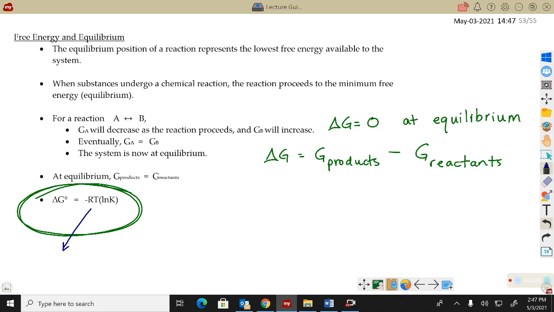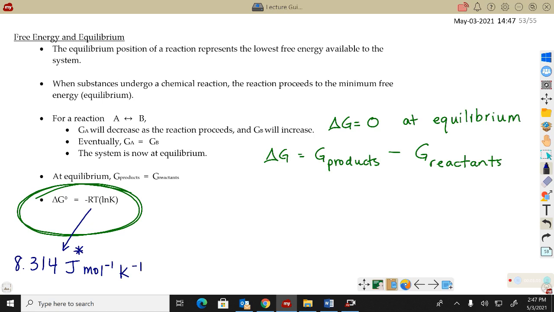There is a version of R in my packet that looks like this: 8.314. In the packet, it's listed as joule, mole to the negative first, Kelvin to the negative first, or sometimes we just say joules per mole Kelvin. That's the one you want for thermo. You want the version of R that uses joules.